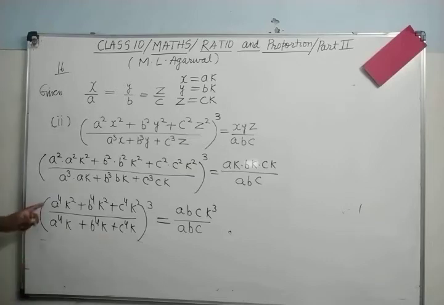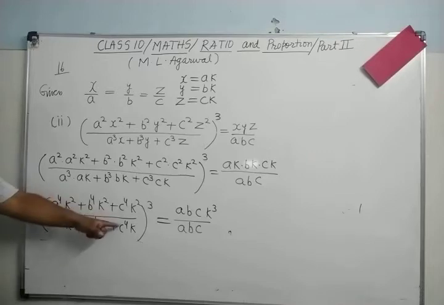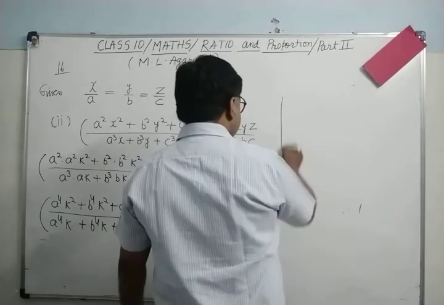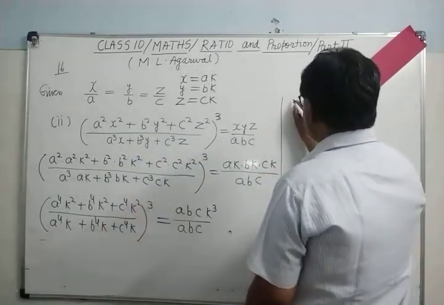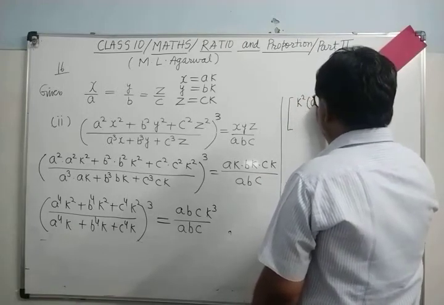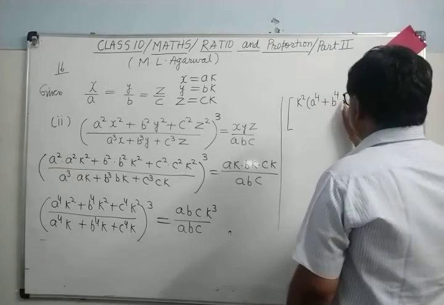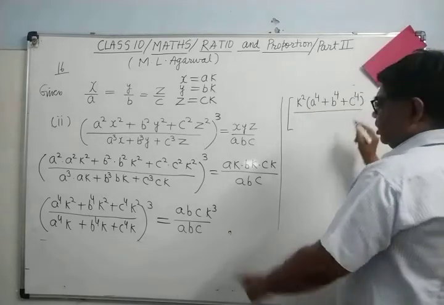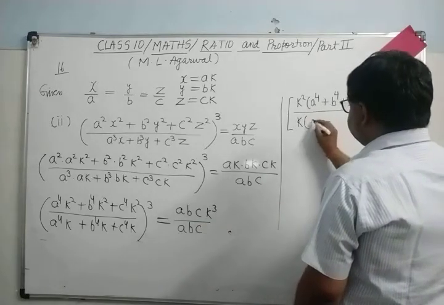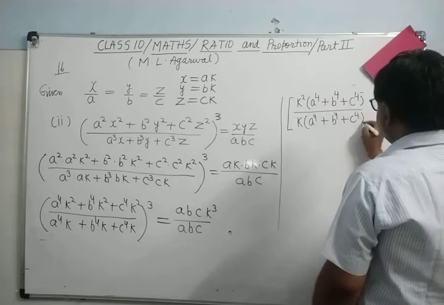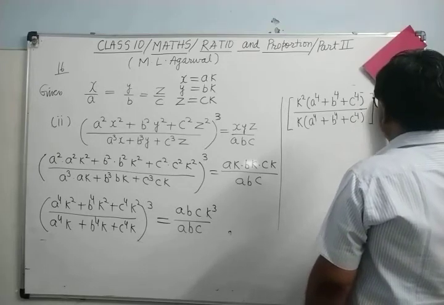You can see here what is common in the numerator? k square is common. What is common in the denominator? k is common. So you take out the common factor. In the numerator you write k square, within bracket a power 4 plus b power 4 plus c power 4. Then in the denominator you take k out common, a power 4 plus b power 4 plus c power 4, then whole cube.